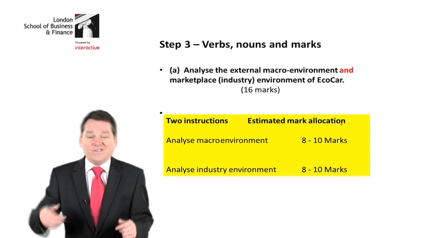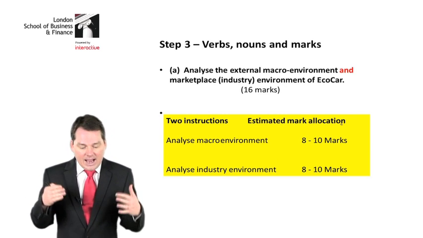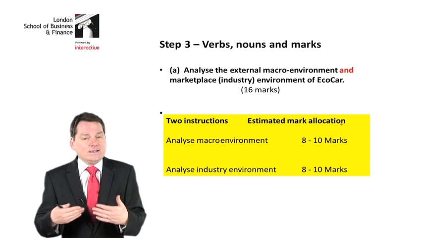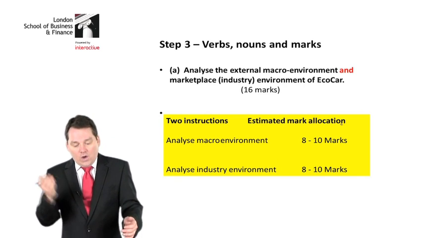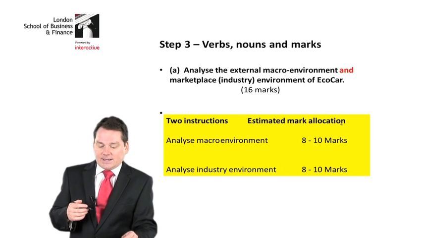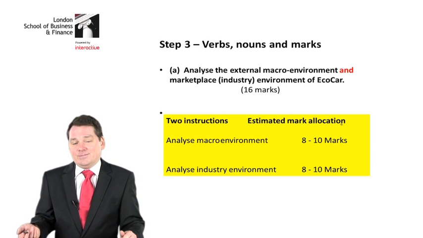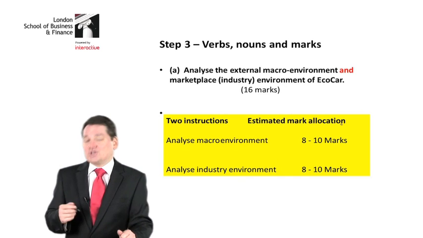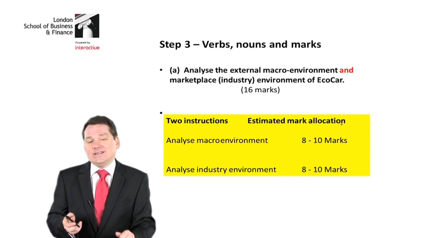Some students will do a lot on the second part, analysing the industry environment, and it's not fair to penalise them. So, I have got down estimated mark allocation somewhere between 8 and 10 for both of them. You could potentially get 20 marks on that question, even though there's only 16 there.